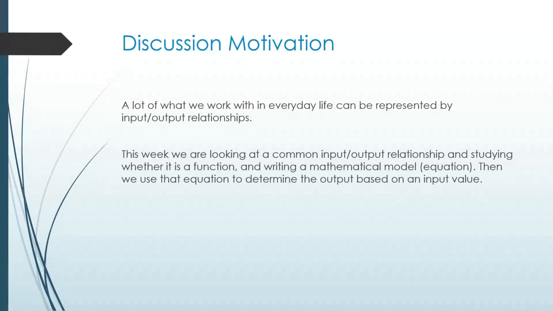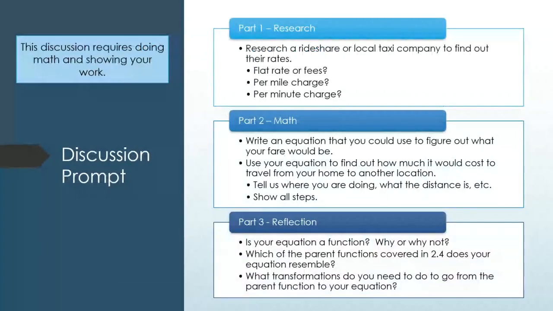And then we're using that equation to put in a number to say, okay, for this input, what is my output? What is my final answer, basically? So we're using the concepts from this week, but we're applying them to a very specific situation. That situation is taking a cab or a taxi or doing a ride share.